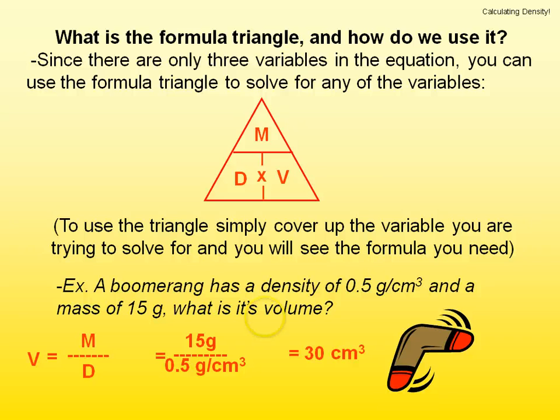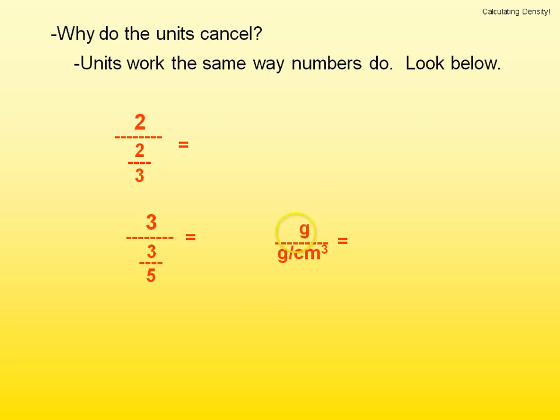So fantastic. So why do those units cancel out? How does that end up happening that way? Well, units work the same way that numbers do in math. So in other words, if I had 2 divided by 2 over 3, it would be the same as 2 times the reciprocal of 2 over 3, which would be 3 over 2. So my 2's would cancel out and I would be left with 3.